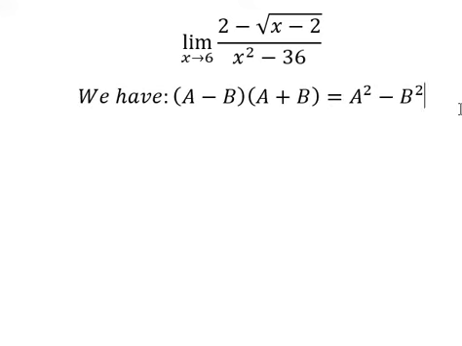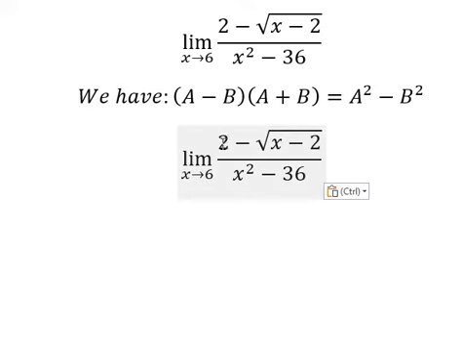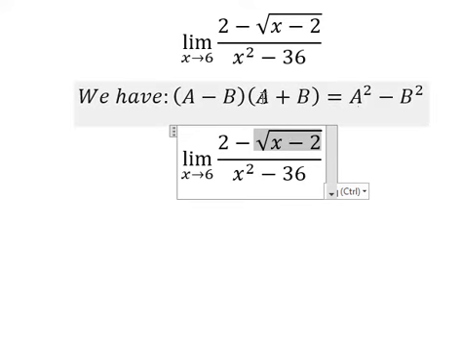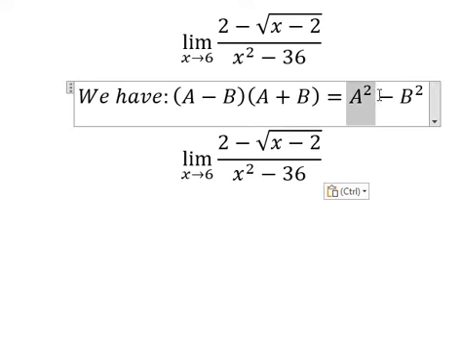So this one is a, this one is b. To create a² - b², we need to multiply by a + b on the numerator and denominator.